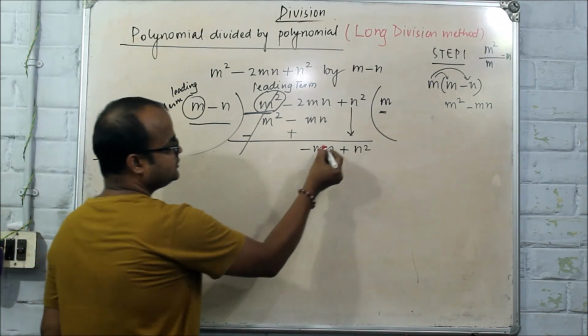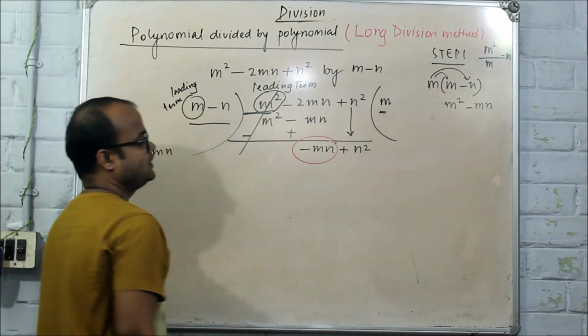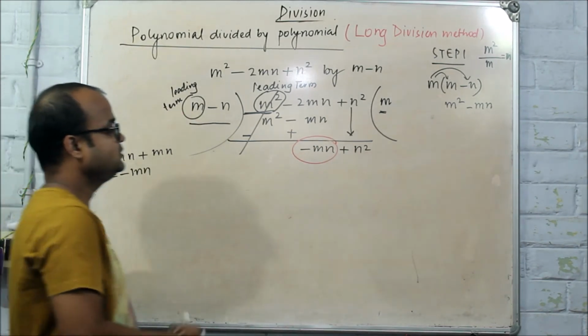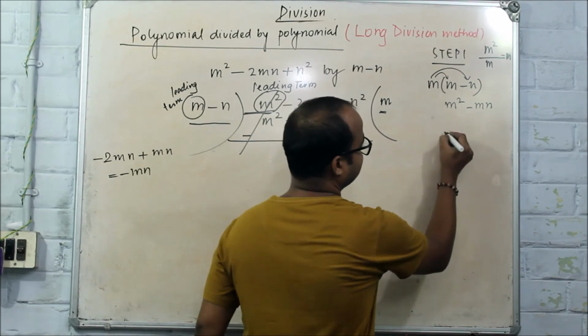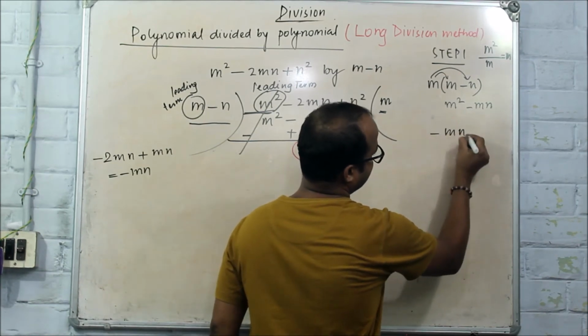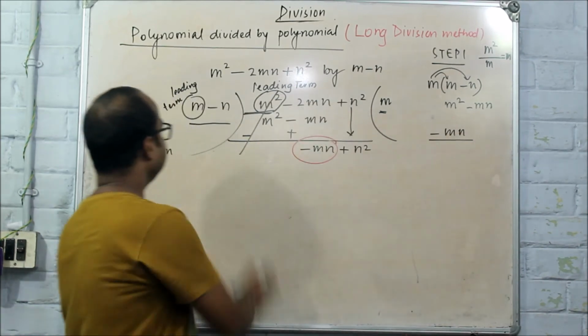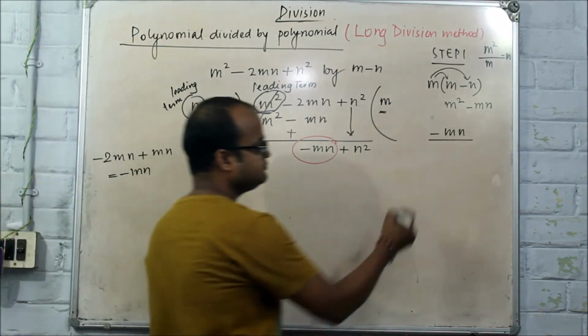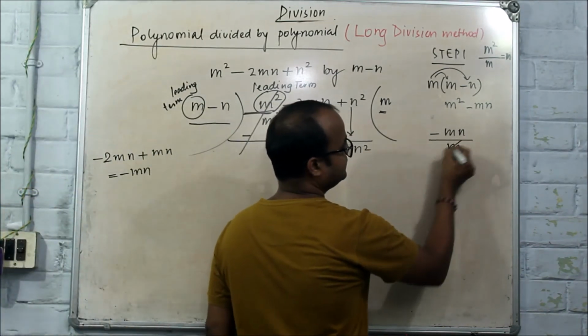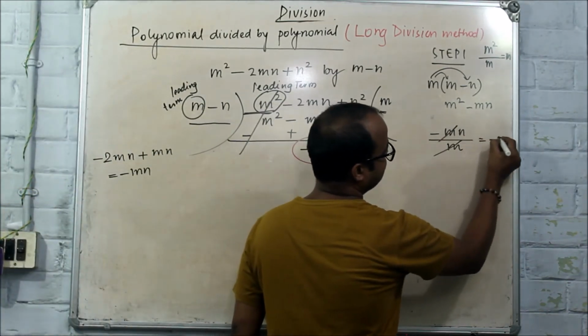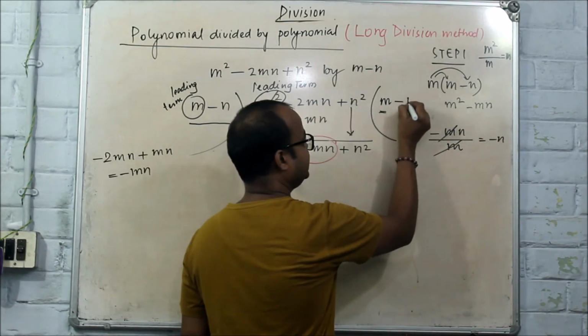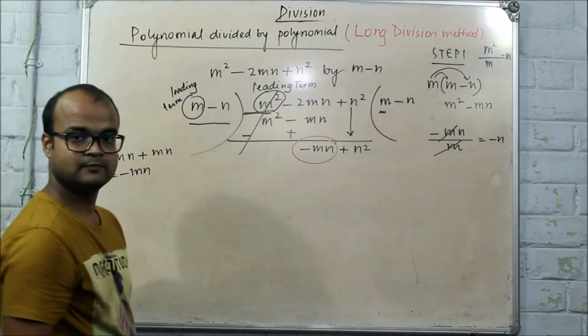Now what is the leading term here? Minus mn. So minus mn divided by leading term here m. m m will get cancelled. This is equal to minus n. So we write minus n here.